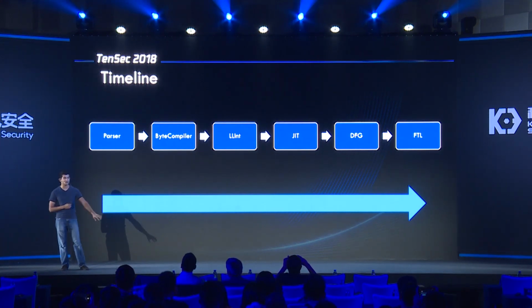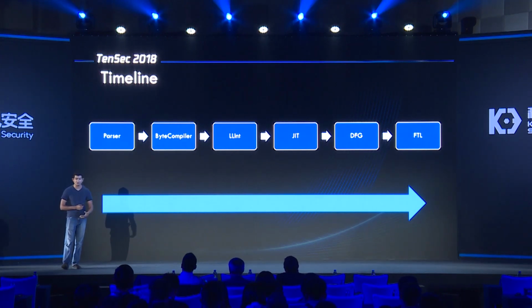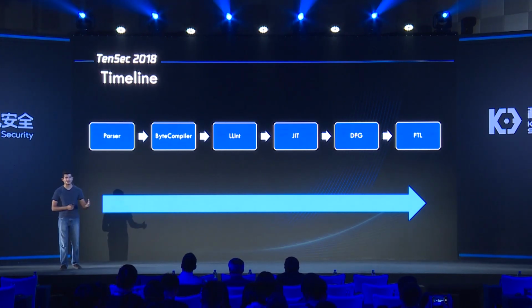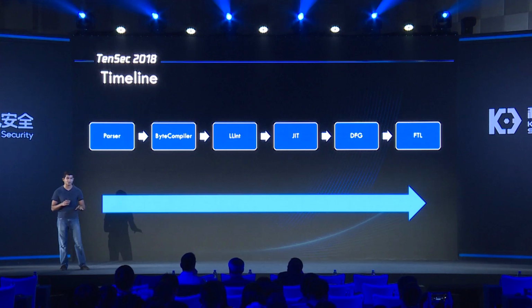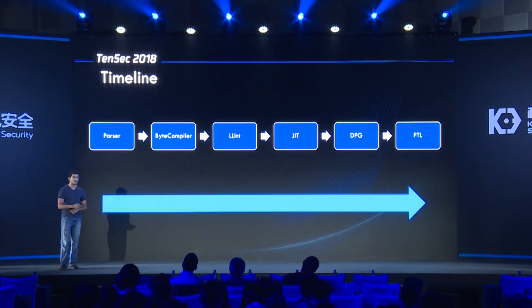The bytecode then gets handed over to the low-level interpreter. That's where execution of JavaScript actually begins. And then it will move on to the baseline JIT. From the baseline JIT, it'll go to the DFG, which is data flow graph. This is the first place where actual performance improvements will really get made. And then it'll make it over to the faster-than-light engine.